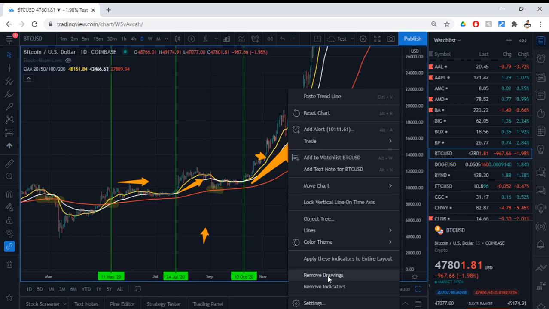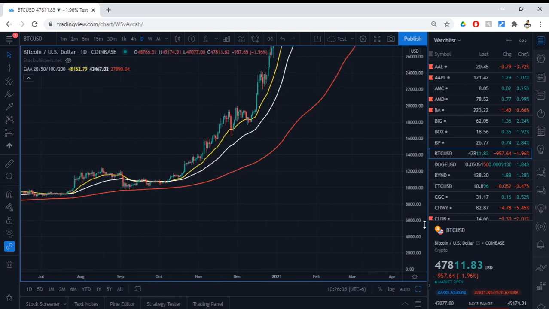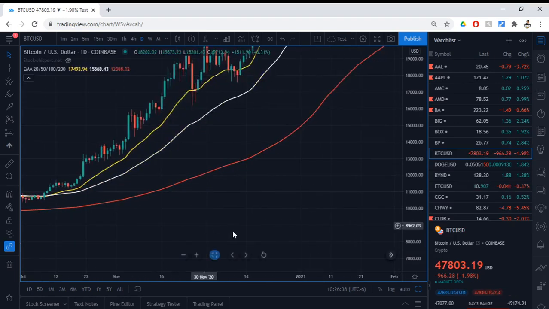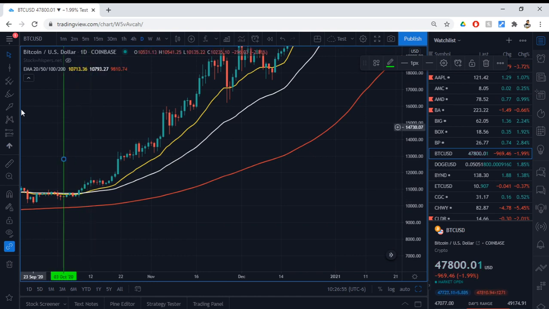So what you want to look for, and this is just a basic trend following strategy, is this condition right here: the 20-day over the 50-day, and the 50-day over the 200-day. From this moment on, we know that we're in a strong uptrend.